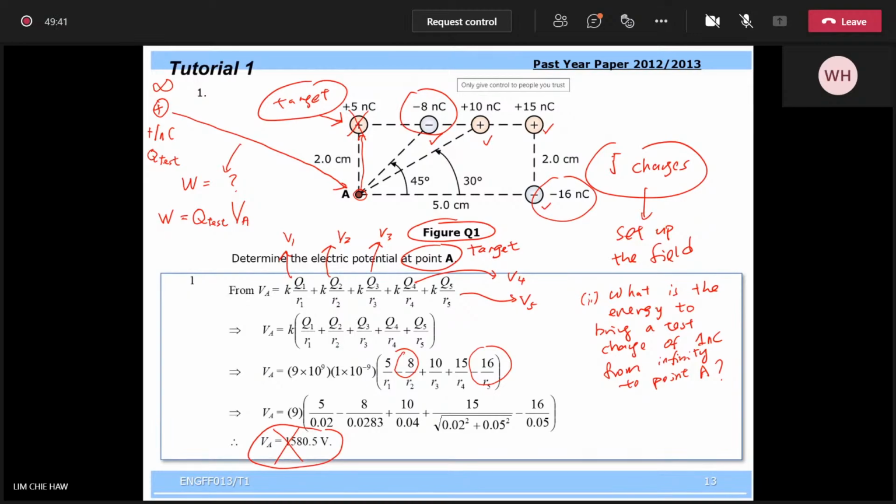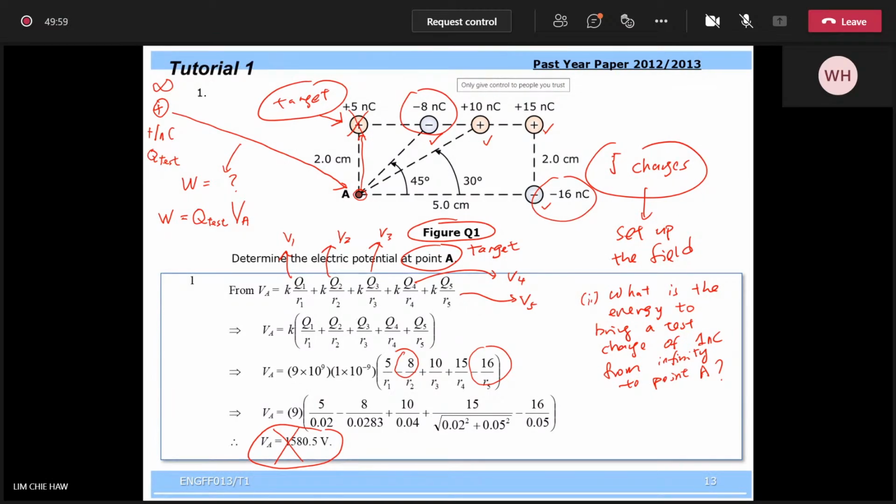And we never bring the test charge as part of the electric field being set up. We always ignore the test charge. We assume the test charge will never contribute to the electric field.